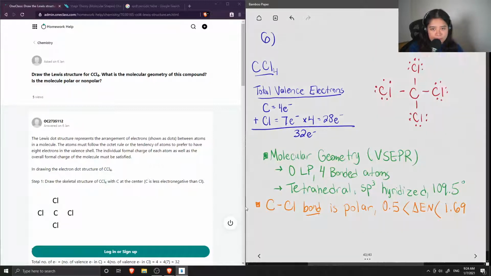But if we look at our overall molecule, we can show how these dipole moments can be formed because chlorine is much more electronegative than carbon. But for the molecule, they all cancel each other out. So this makes the entire molecule nonpolar.